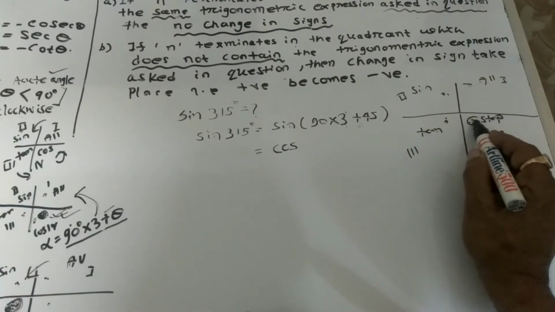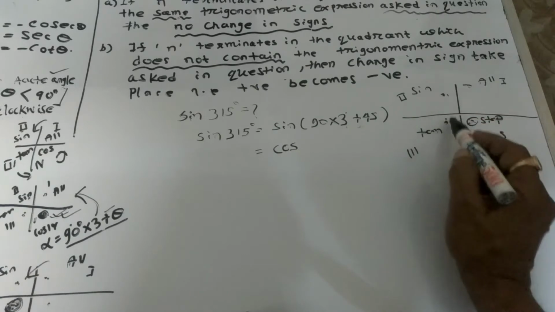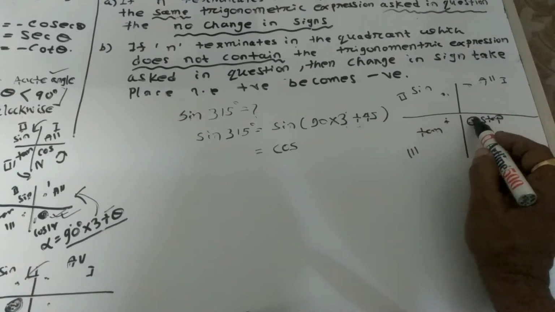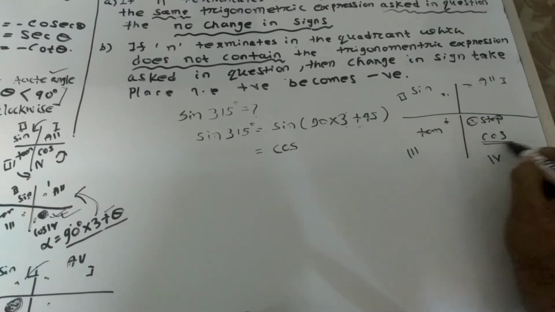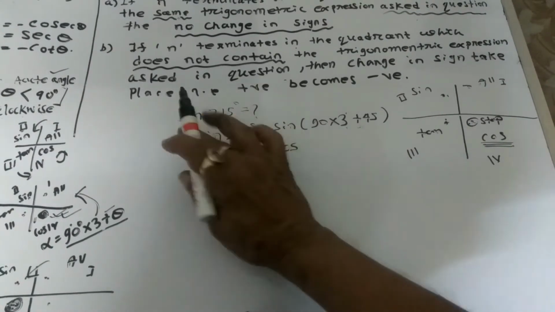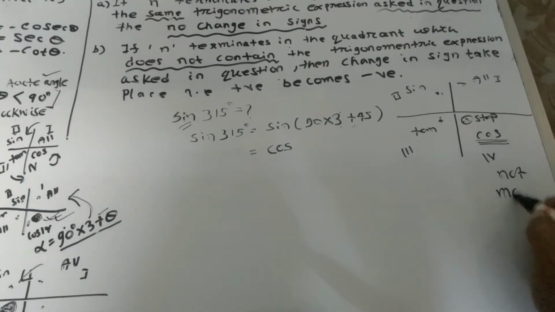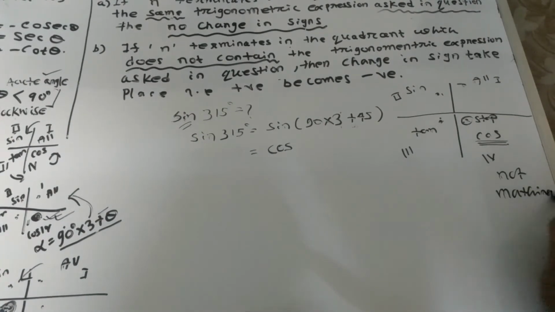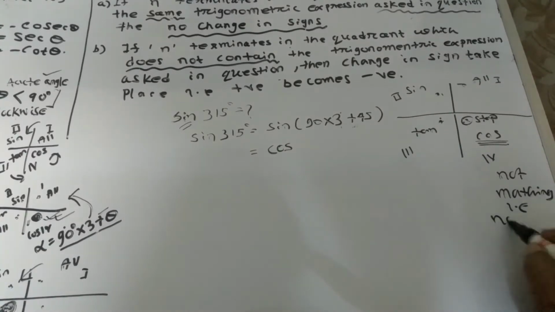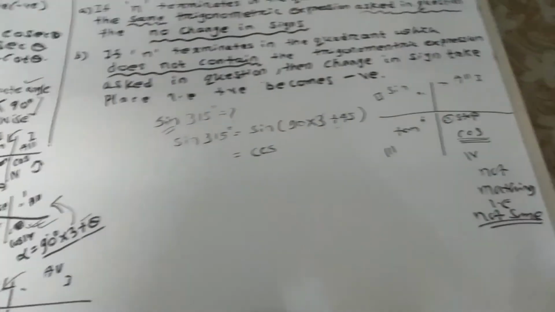So we consider a minus sign because that is sine and it is cos. See, first, second, third, fourth, I have already shown you. It is in the cos quadrant, but sine is given, so it is not the same, and hence we have to consider a minus sign. Not matching with the question.